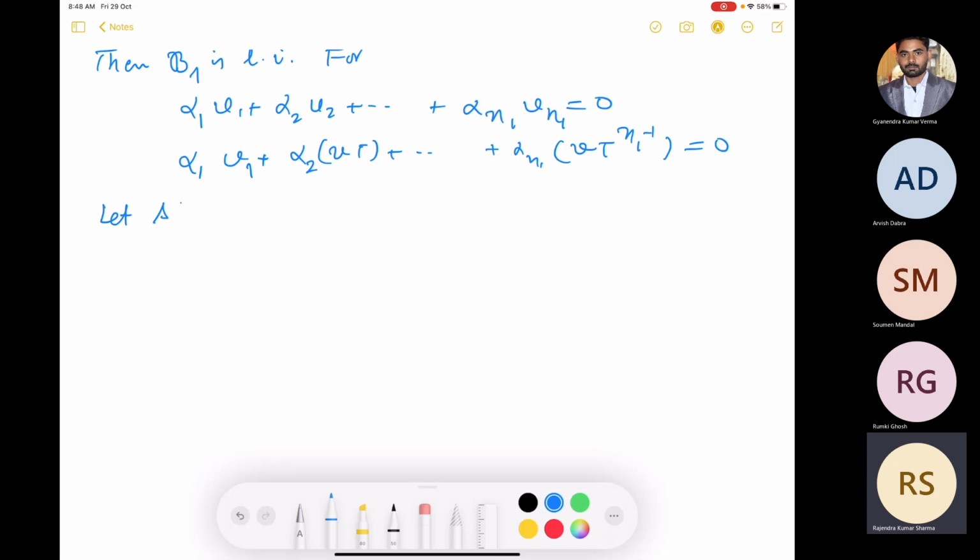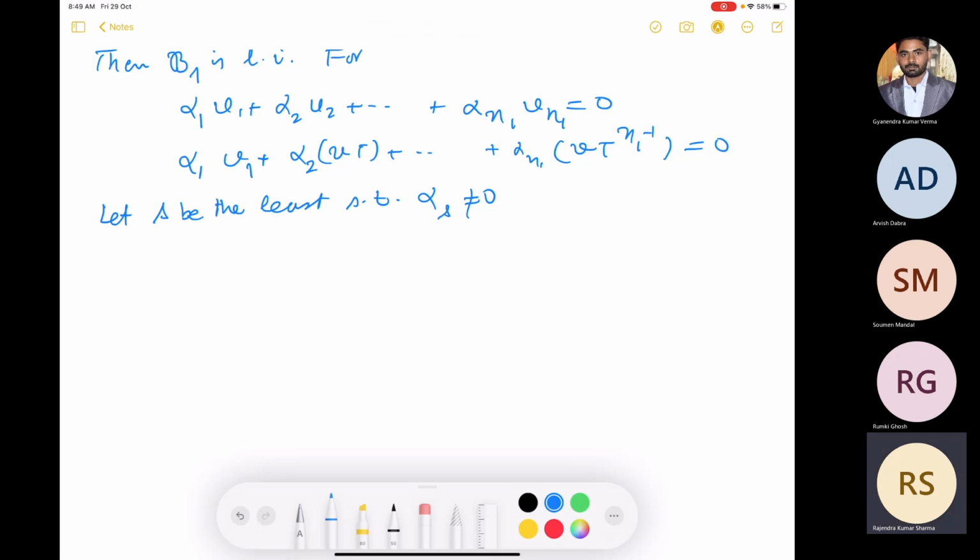So let S be the least such that alpha s is not 0. That means alpha 1, alpha 2 up to alpha s minus 1, all of these coefficients are 0.